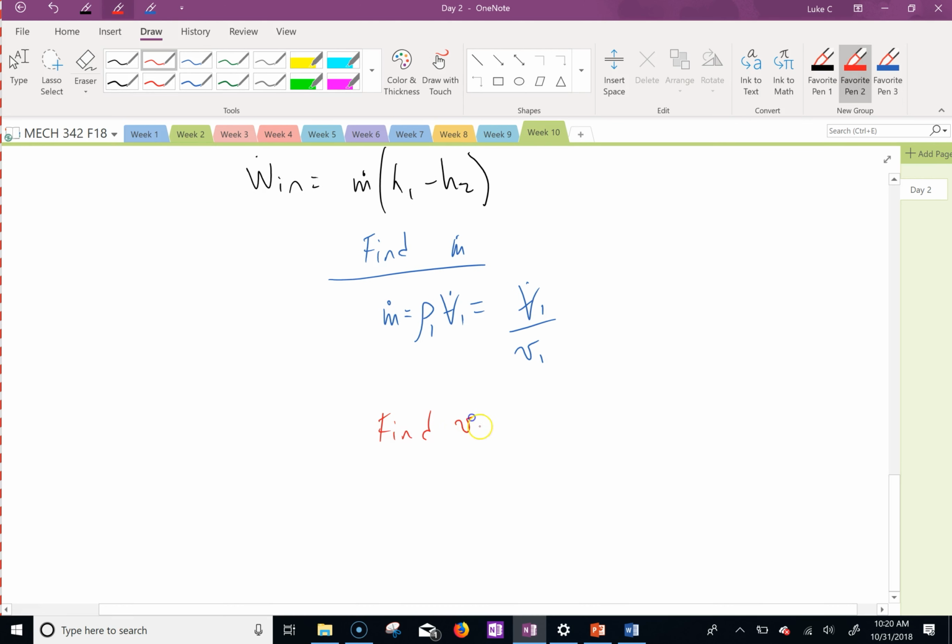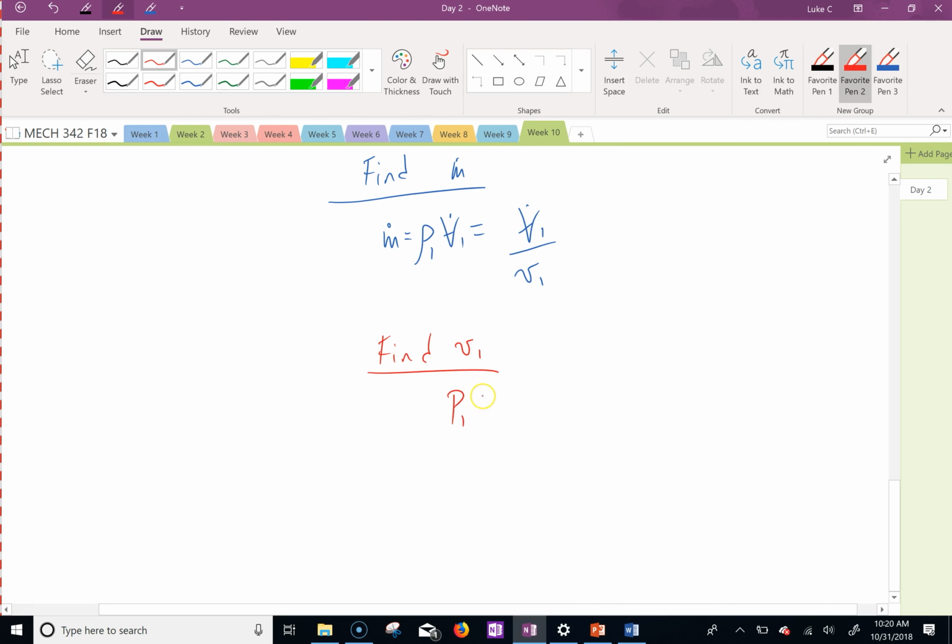Find little v1. All right, well, we know that P1 is 100 kilopascals. We know T1 is minus 24 degrees C, is that right? Yep. How do we know where we are in the vapor dome? Way back in chapter 3, right?